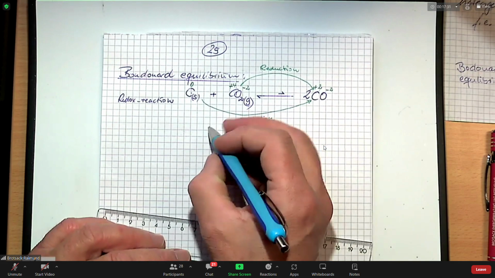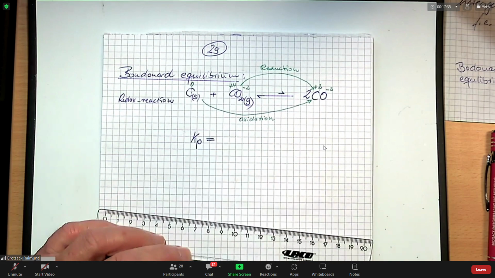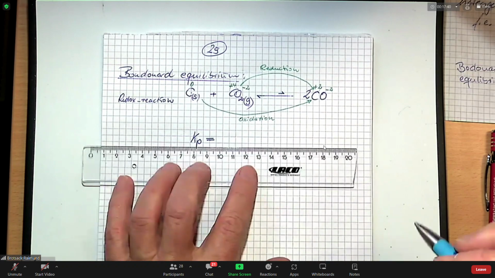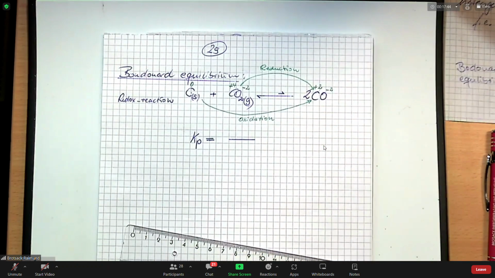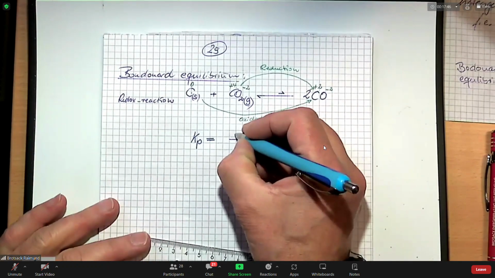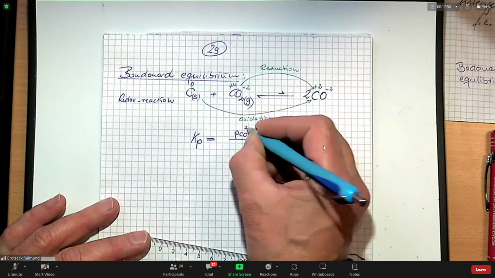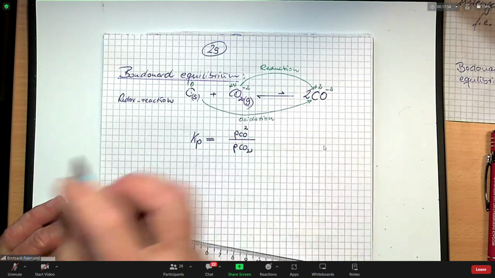So can you help me? What does it mean for the Kp now? What is Kp in this example? Partial pressure of CO squared divided by partial pressure of CO2.